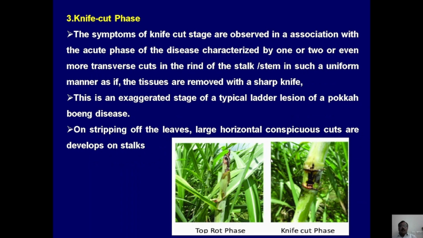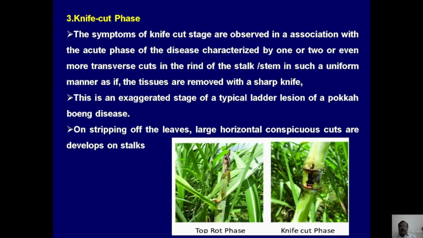And then the third phase, which is associated with the second, that is the acute or top rot phase, is where you can see the knife cut symptom. The symptoms are seen on the affected portion. This knife cut stage is observed in association with the previous stage, the acute stage or top rot phase, and it is characterized by one, two or even more transverse cuts on the rind of the stalk or stem.